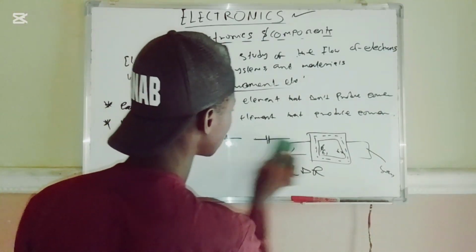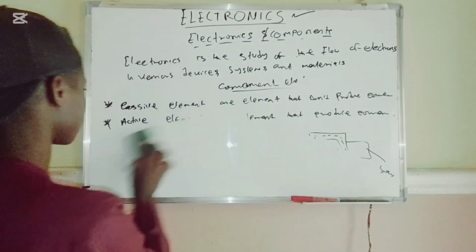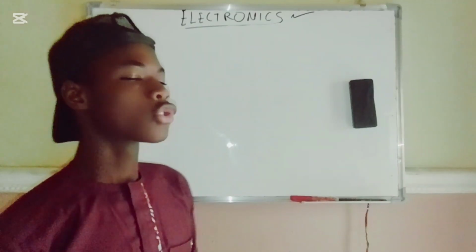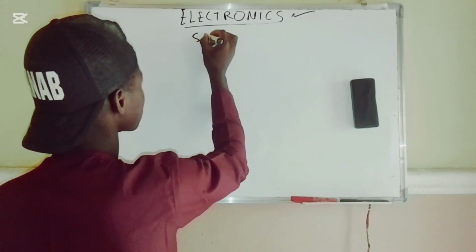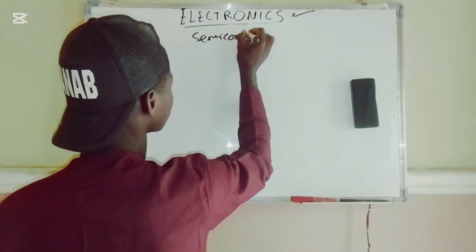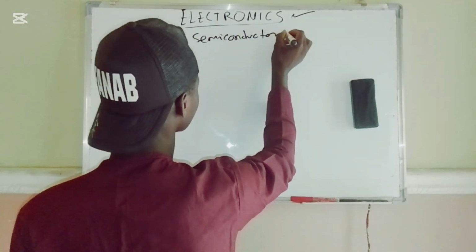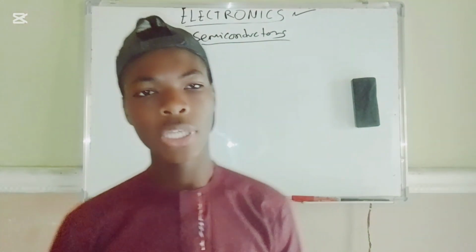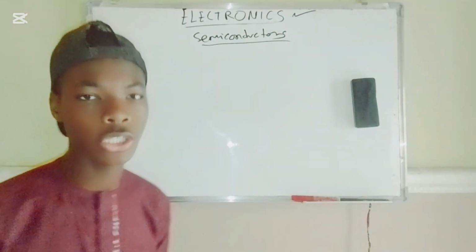So let's see some semiconductors. What are semiconductors? A semiconductor has a conductivity between a conductor and an insulator.